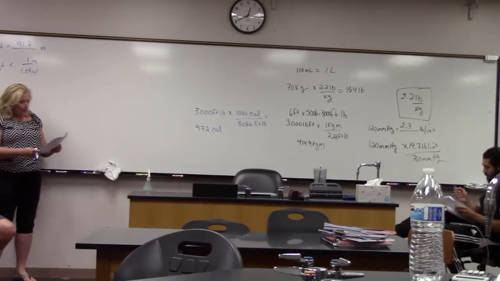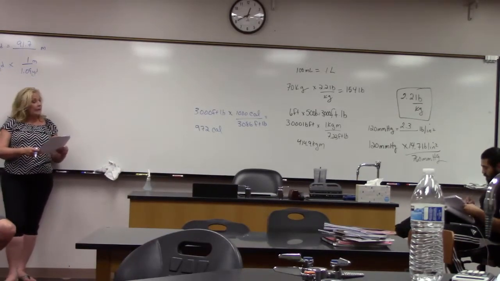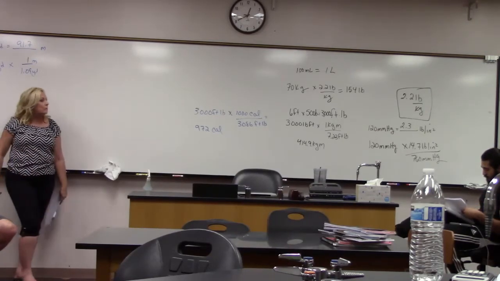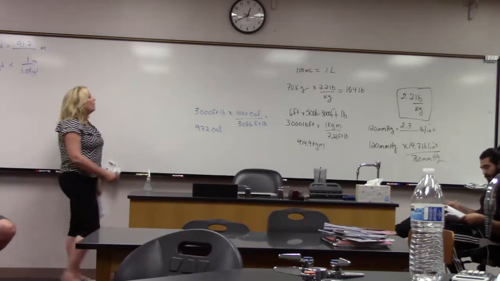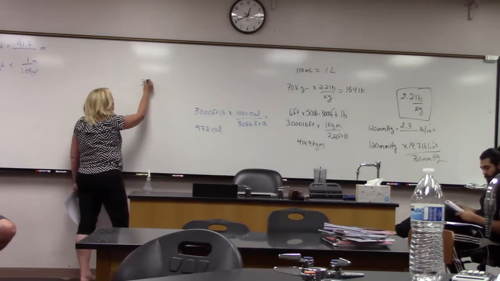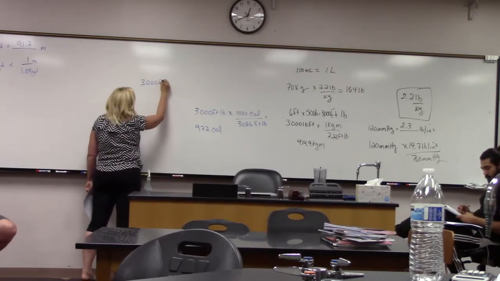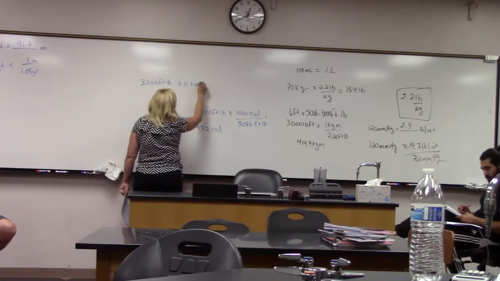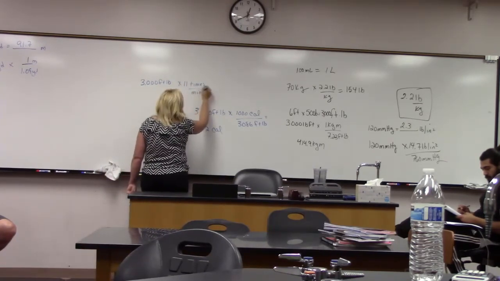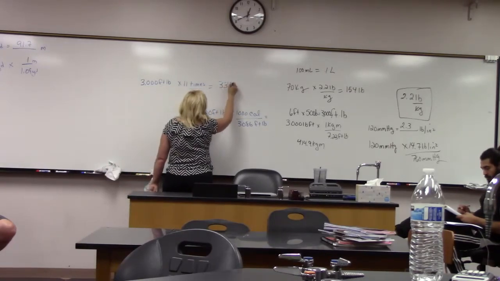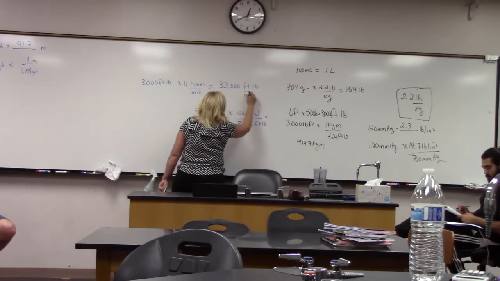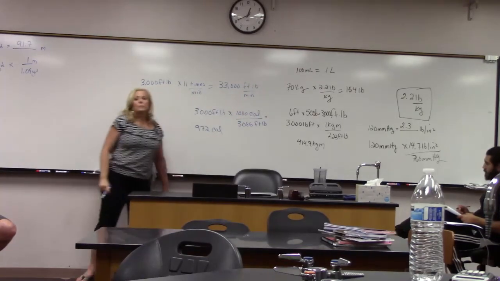Okay, so now, if he performs this feat 11 times in 1 minute, what is his horsepower? I would recommend the 3,000 foot-pounds times 11 times per minute, and that gives you 33,000 foot-pounds per minute. What's the horsepower of that?